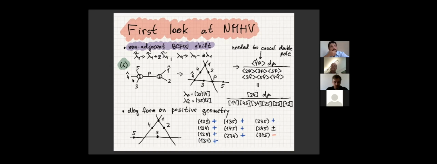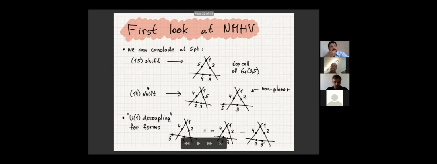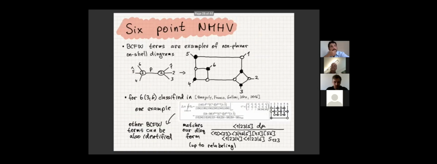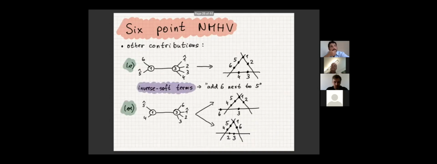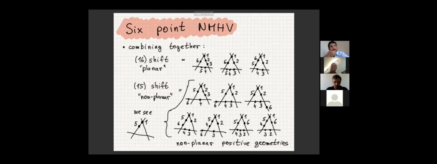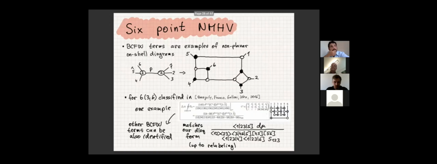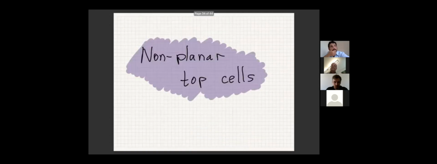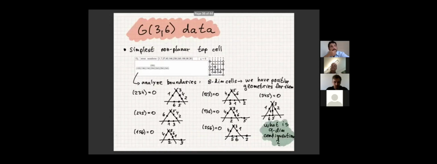Well, of course, it's harder to apply it on the top forms because they are not the BCFW terms. But maybe one can do this exclusion at the level of these 2n minus 4 dimensional cells. Well, even with the top forms, we have this notion of adjacent shifting, even if it's not BCFW.